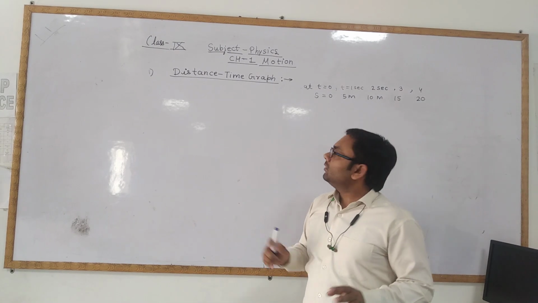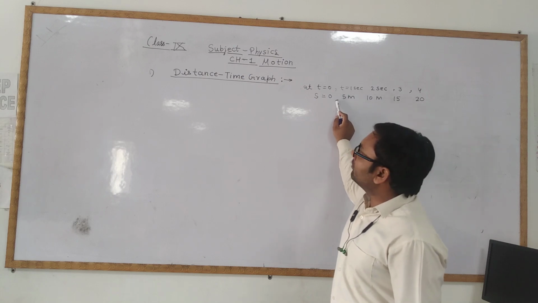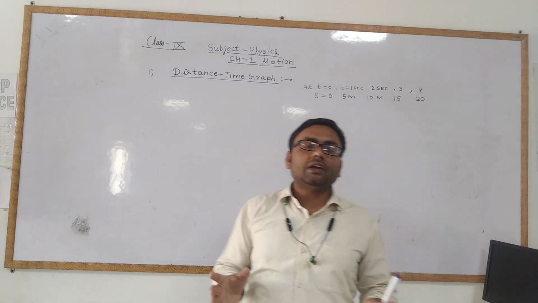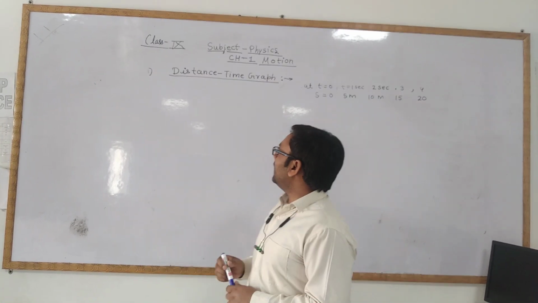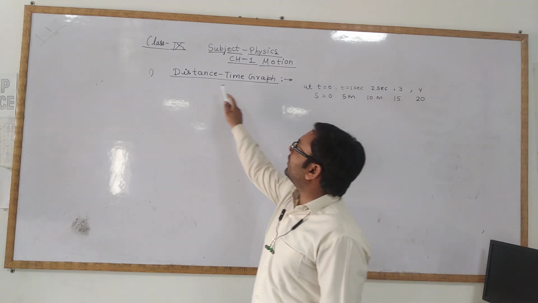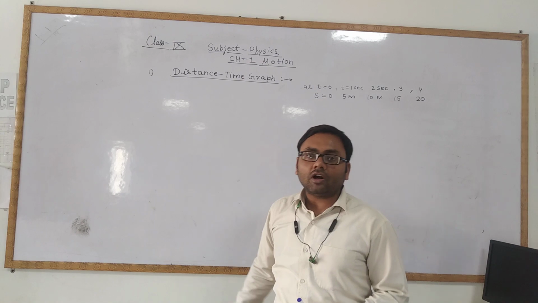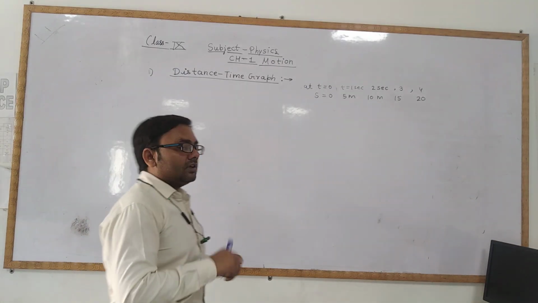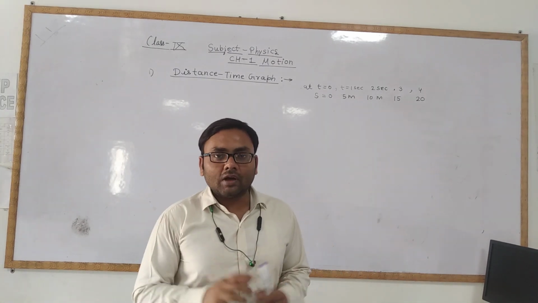So we will represent such type of motion with the help of a graph, which is known as graphical representation of the motion of an object. In that, we will study the first type of graph, that is the distance time graph. In a distance time graph we will plot two physical quantities.